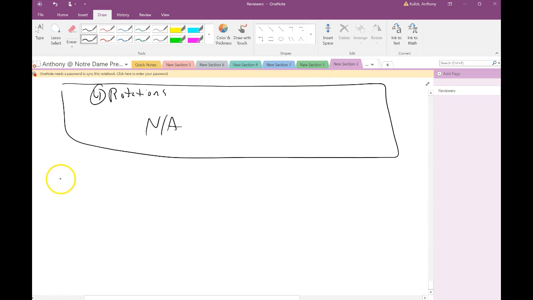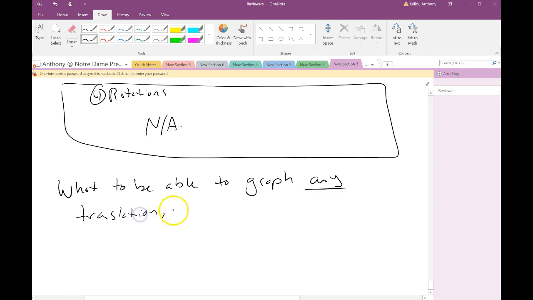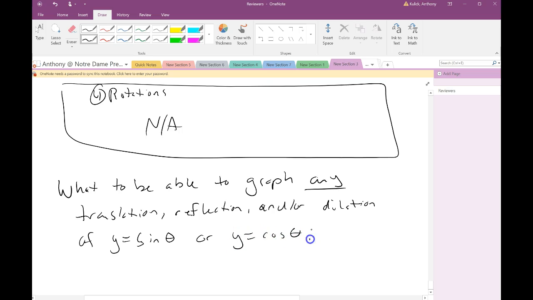So what we want to be able to do is graph any translation, reflection, or dilation of y equals sine theta or y equals cosine theta.